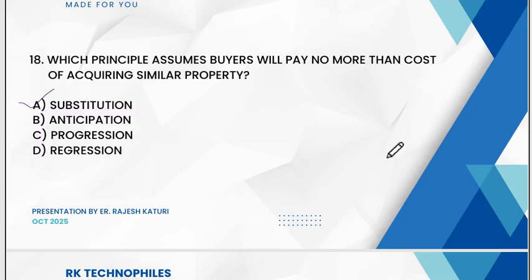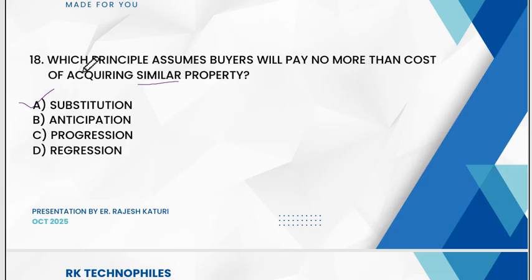Here we have to understand that in the question he has given similar. Please make it a note. So similar means it will be having same value. So the answer will be substitution. Anticipation is actually value depends on the expected future benefits.